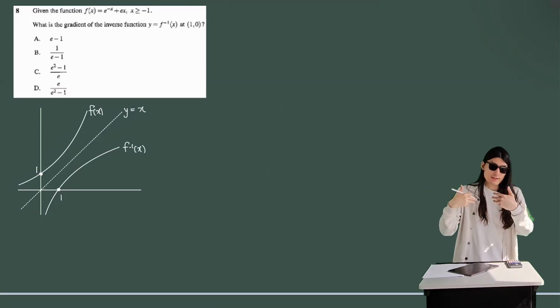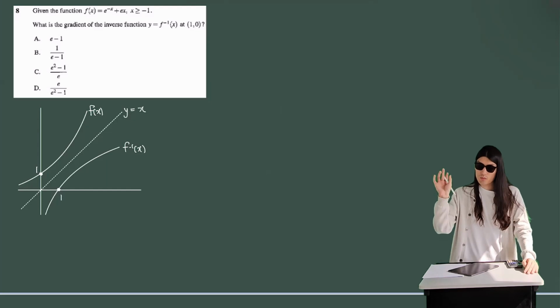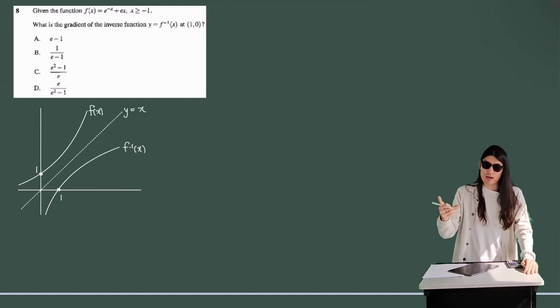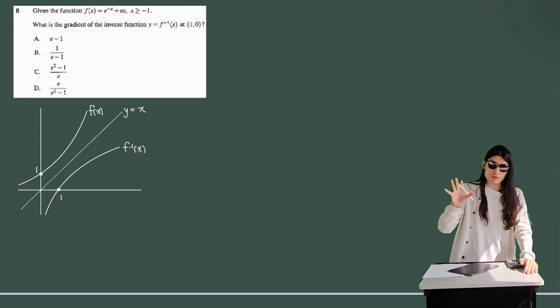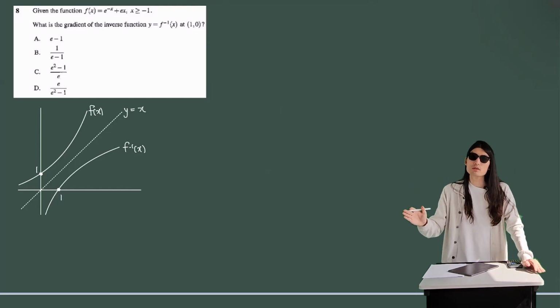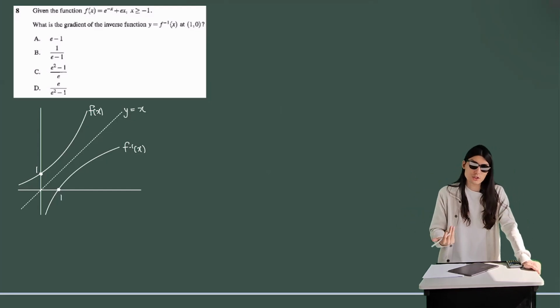In fact, that's the definition of inverse function, isn't it? So if you've got the point 0, 1 on your function, then you have the point 1, 0 on your inverse function.